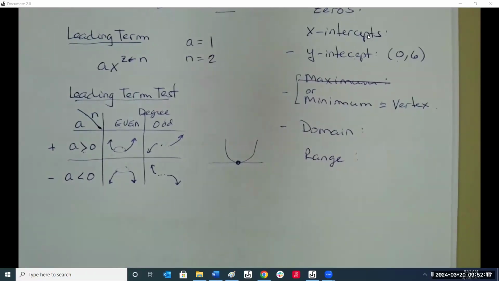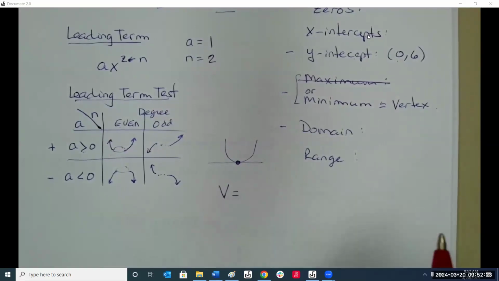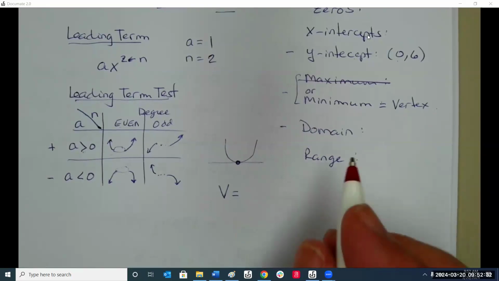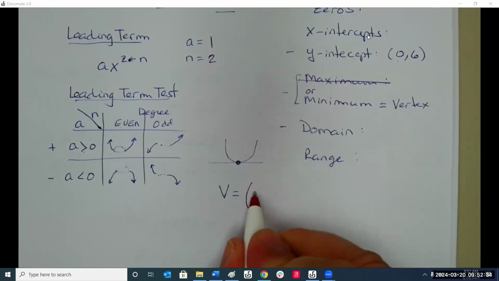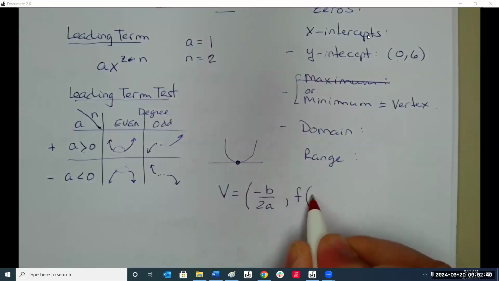Remember how we found our vertex? How do we find our vertex? Negative b over 2a, and then plug that back into the equation to get the y value.